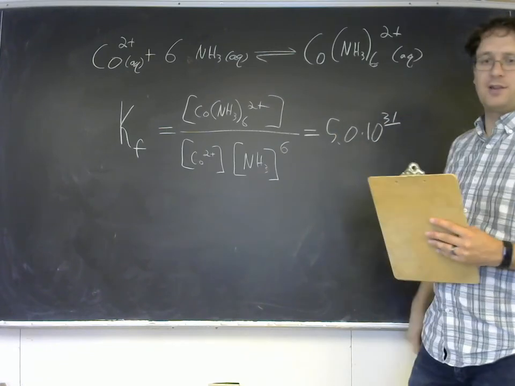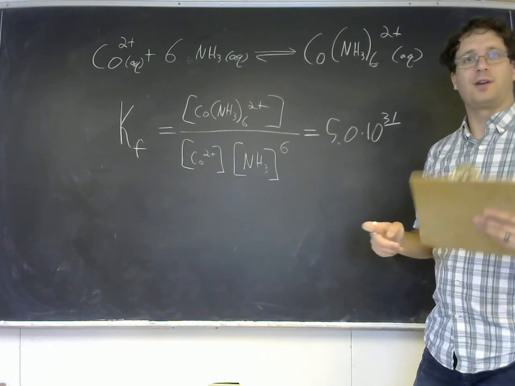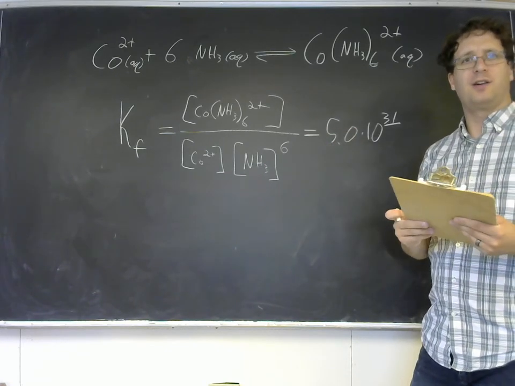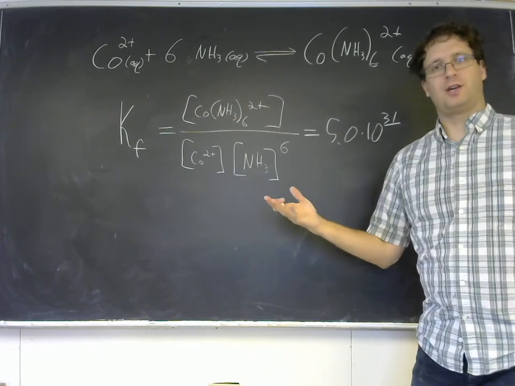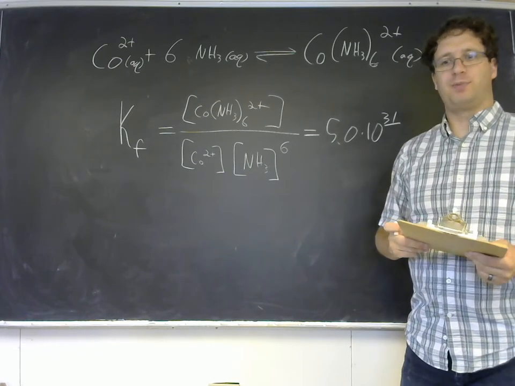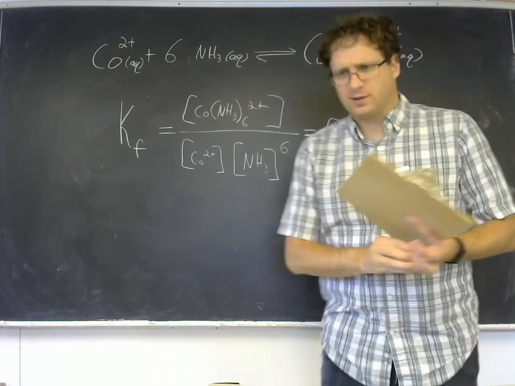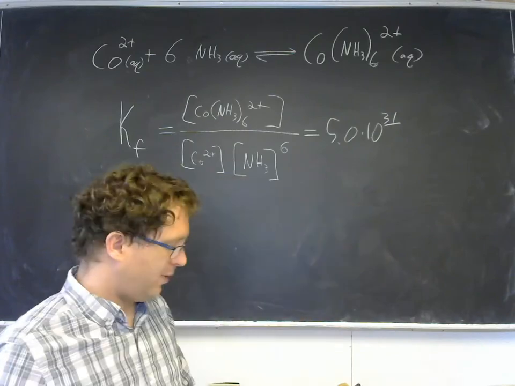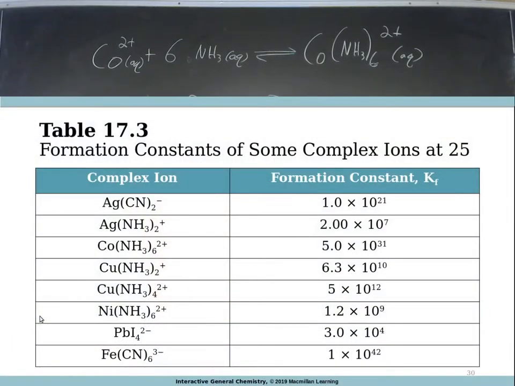These can get a little bit tricky at certain concentration values, but anyway, it's generally a highly product favored reaction. 10 to the 31st is a bigger number than whatever you're thinking of. And if you think it ought to be bigger than you're thinking of, and you adjust your thinking appropriately, it's still bigger than that. It's a huge number. So let's look at table 17.3, which gives some examples of complex ions.